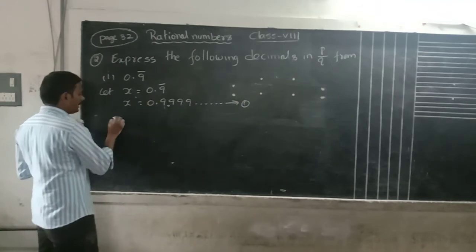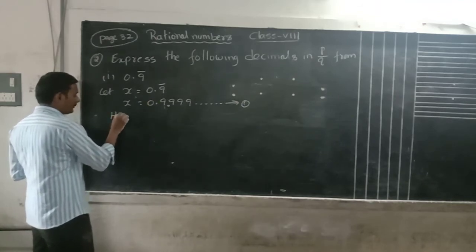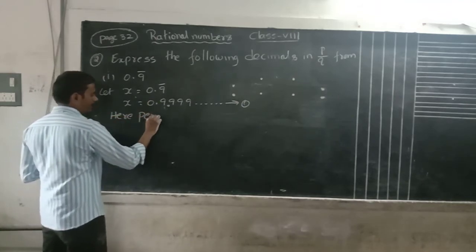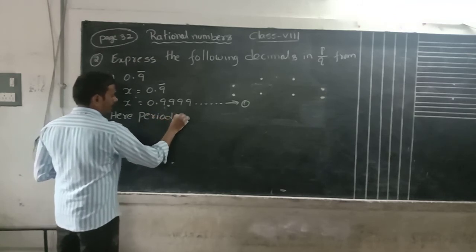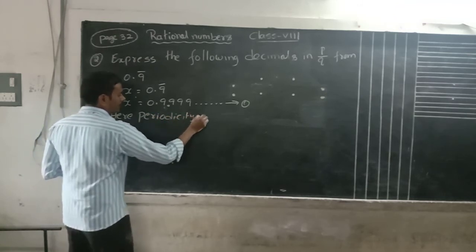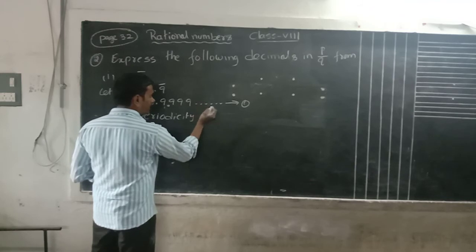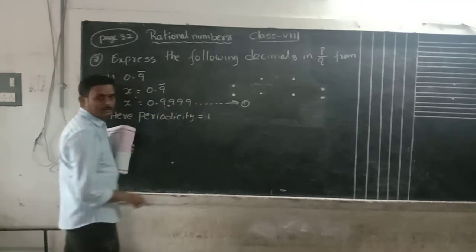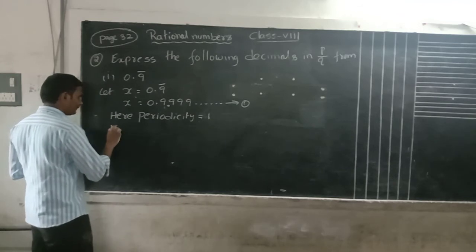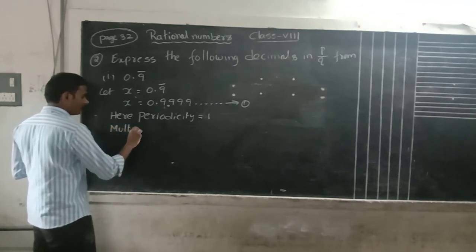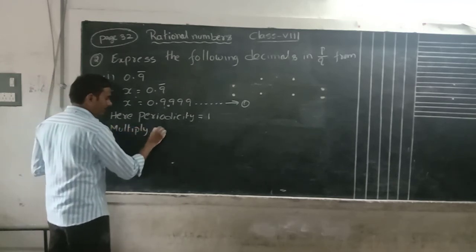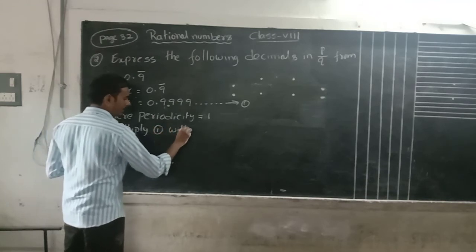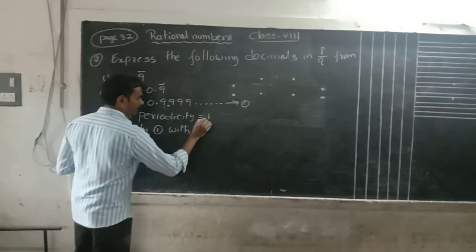What is the periodicity here? How many numbers are repeating? One. Multiply equation 1 with 10 power periodicity.